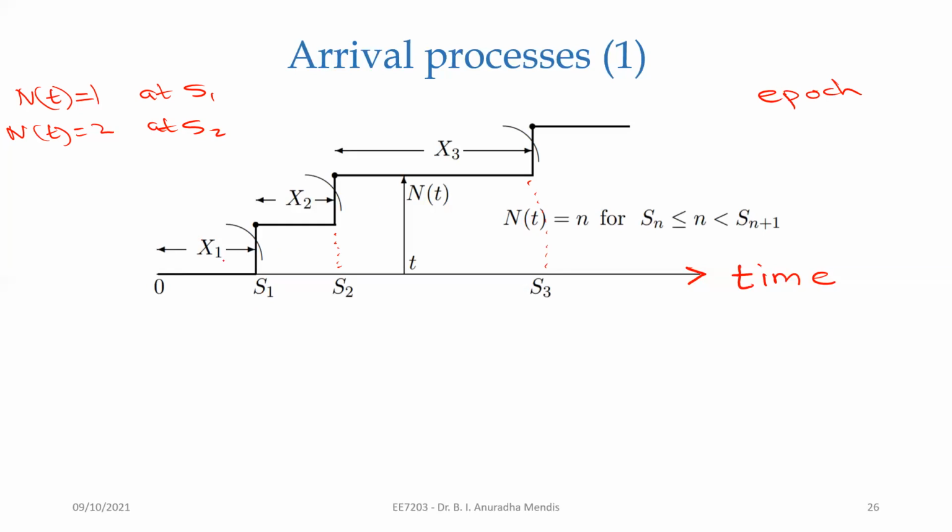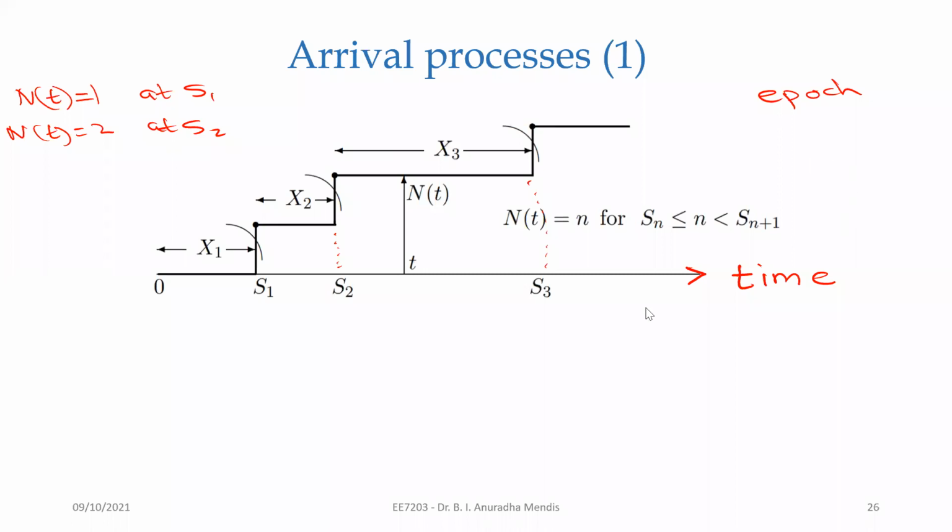And what are these capital X1, capital X2, capital X3? Can someone reply? What do these X1, X2, X3 represent? Duration. Interval time.